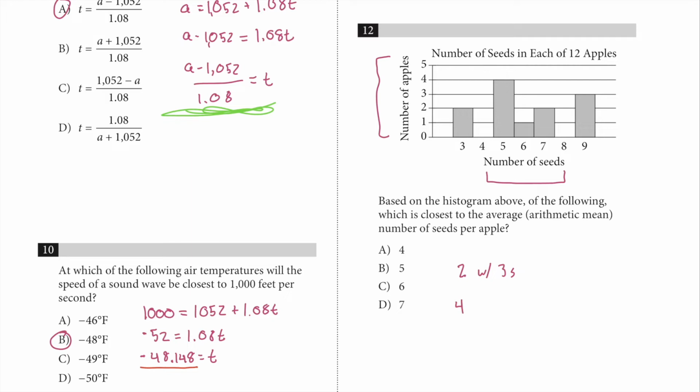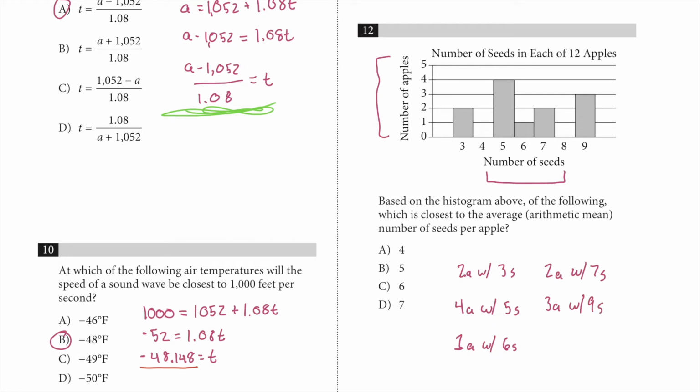We have 4 apples with 5 seeds. 1 apple with 6 seeds. 2 apples with 7 seeds. And 3 apples with 9 seeds.